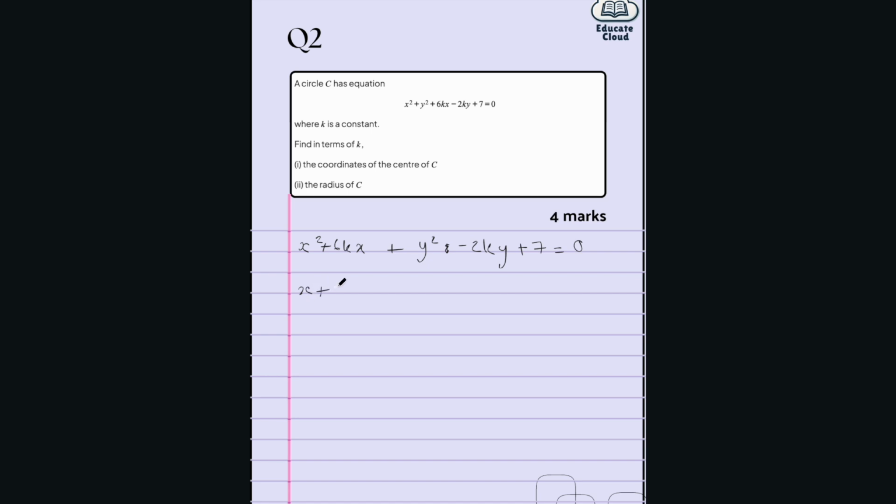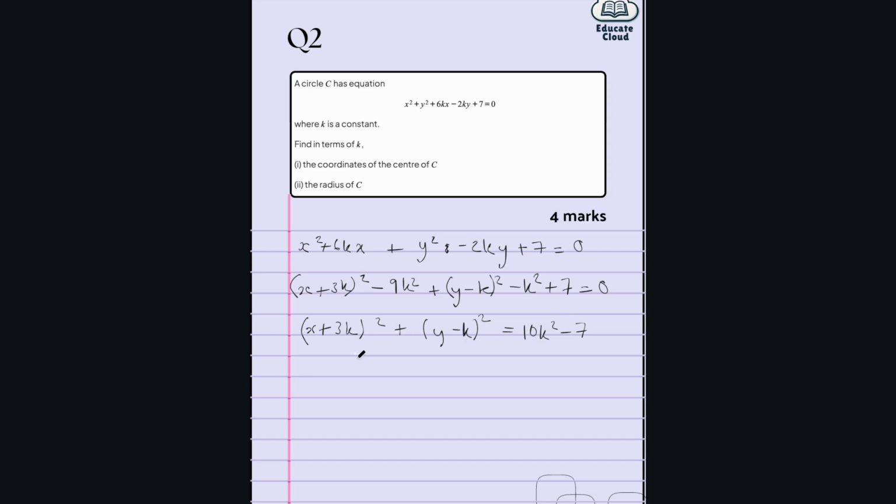So we have x plus 3k all squared minus 9k squared plus y minus k squared minus k squared plus 7 equals 0. So let's simplify that. So x plus 3k all squared plus y minus k all squared is equal to 10k squared minus 7.